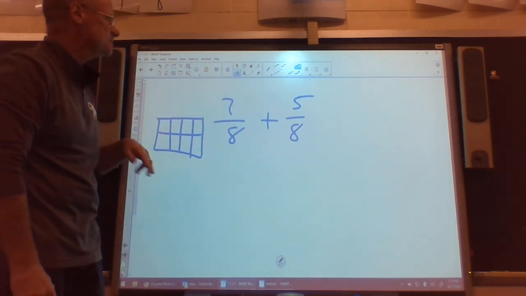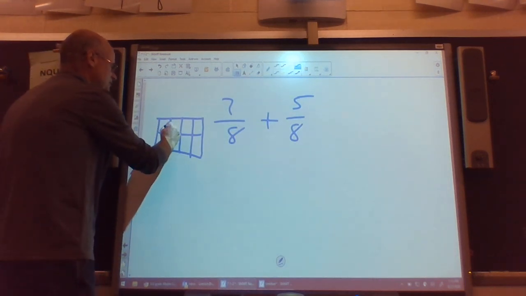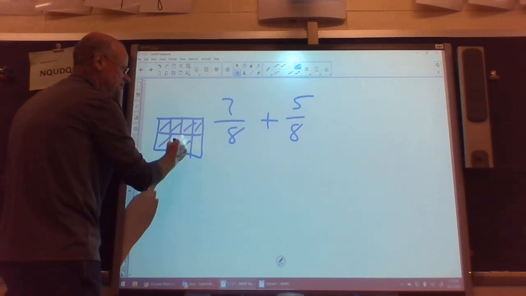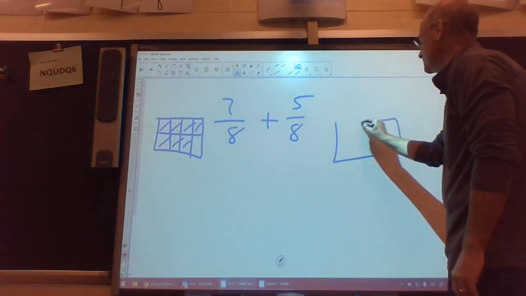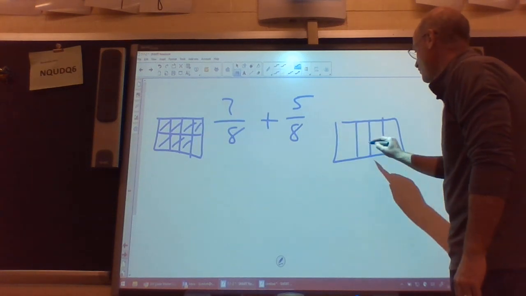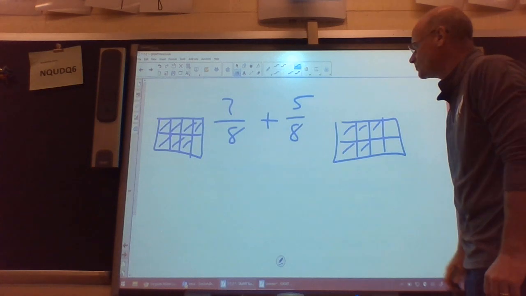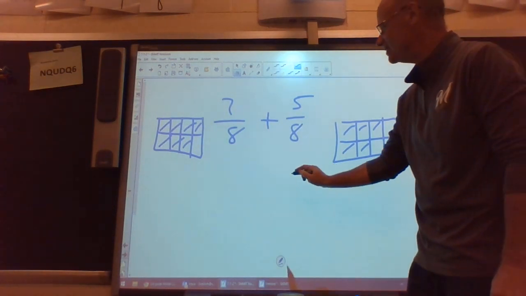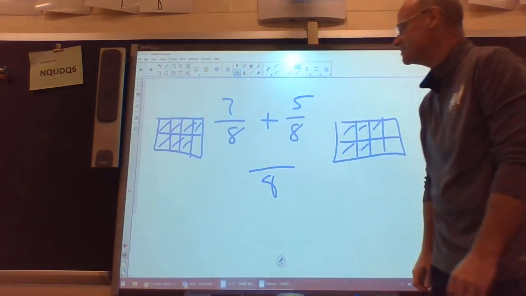Now the top number tells me how many pieces I have. So on this one I have 7 pieces. And this one I have 5. I'm going to cut it into 8 pieces. So if I want to add these together, no matter what, it's still only going to be cut into 8 pieces, because both of those are cut into 8 pieces.